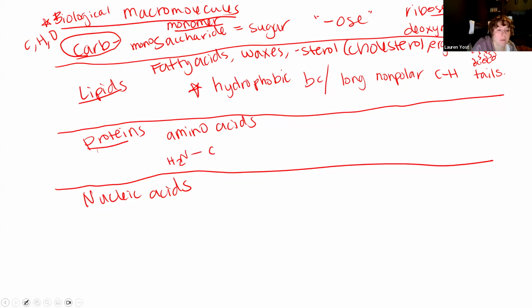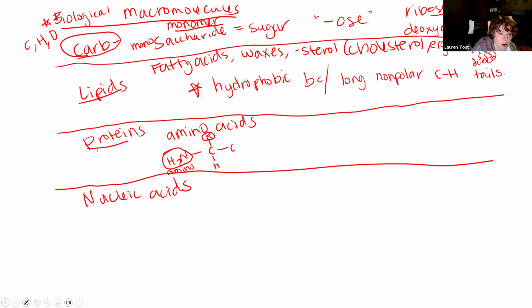There's our NH2 group, which is our amino. We have a central carbon. It's linked to a hydrogen. Remember, carbon always makes 4 bonds. That central carbon is attached to some sort of group that defines what amino acid you are, and we call that the R group.